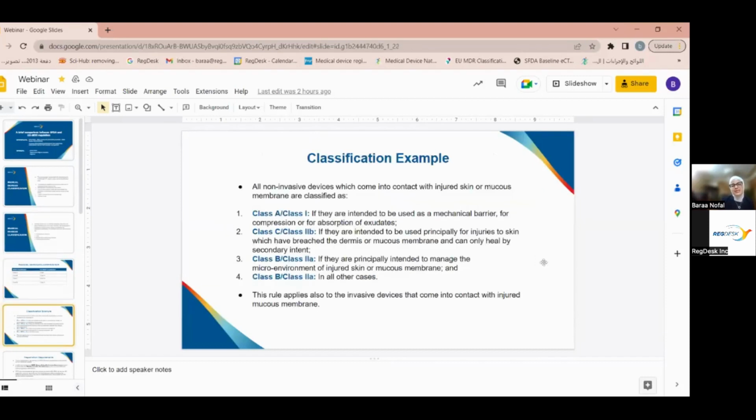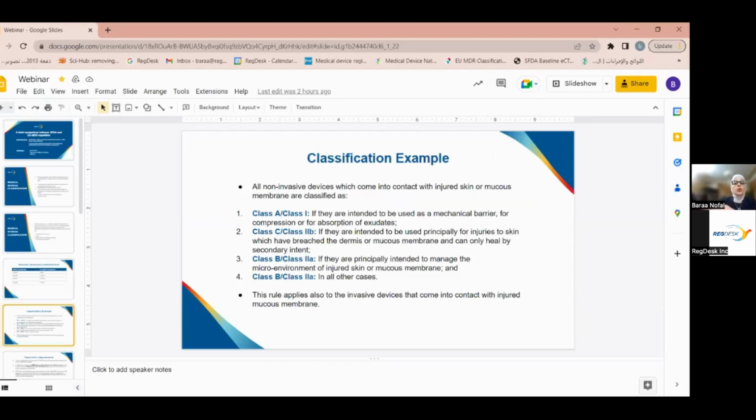And I will present an example to make sure that class A is the same as class 1, and so on. So for example, here I put an example about non-invasive devices. I took it from the Saudi FDA MDS-REQ 1 guideline and the MDR guideline, and they present the same example and have the same classification.